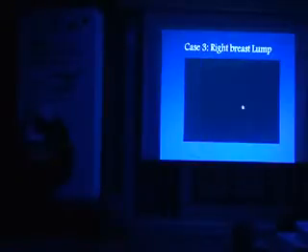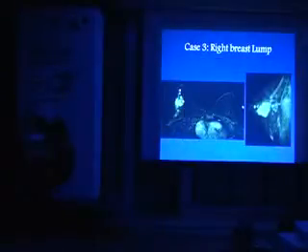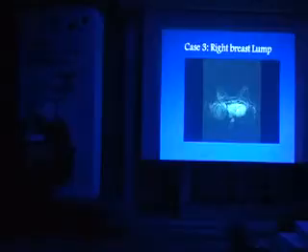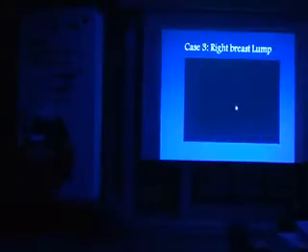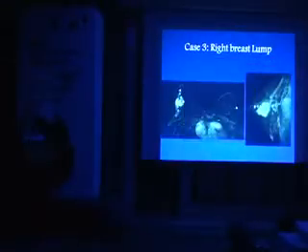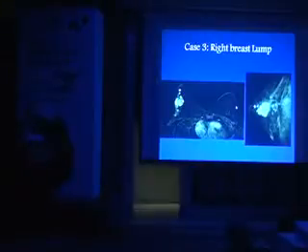And we can see here there's a mass, an enhancing mass, a big one, or maybe actually more than one mass. Let's go back and see the video again. Yes, there are multiple enhancing masses in the right breast.